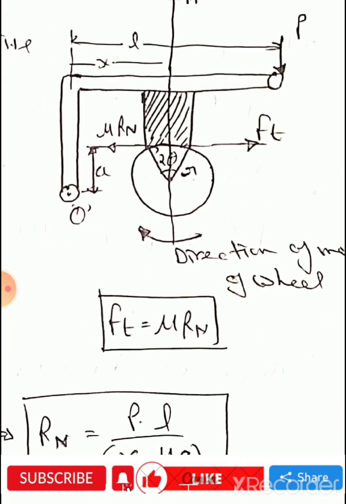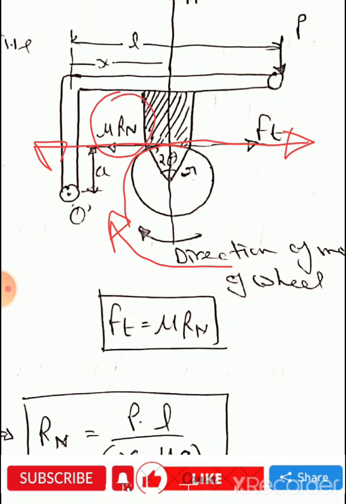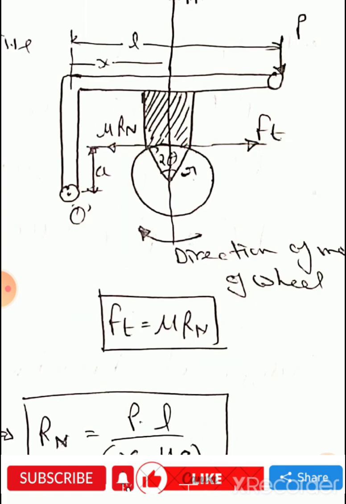When the wheel rotates in clockwise direction, the tangential braking force is towards the right side, this side, and the frictional force is in the opposite direction of the tangential braking force, that is, the left side, and the value of frictional force mu Rn is equal to the tangential braking force. The same terminology is used as previously.